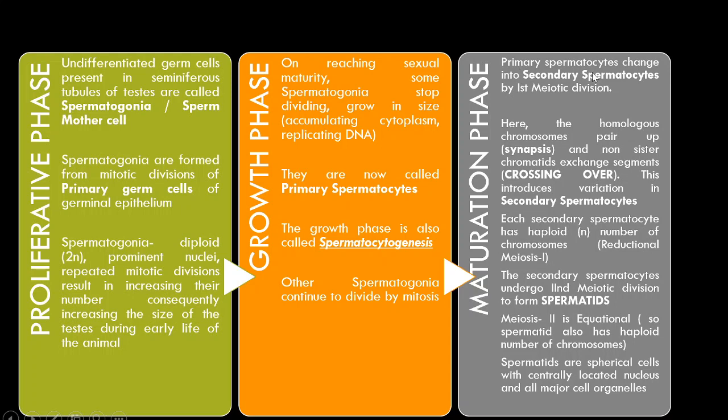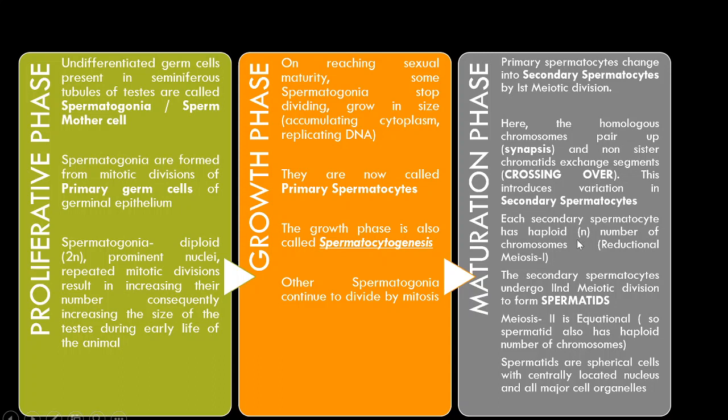The primary spermatocytes then change into the secondary spermatocytes by the first meiotic division. The homologous chromosomes pair up and form synapses. Then the non-sister chromatids exchange segments of DNA, which is called crossing over, which introduces variation. And the secondary spermatocytes will be haploid because they have undergone the meiosis.